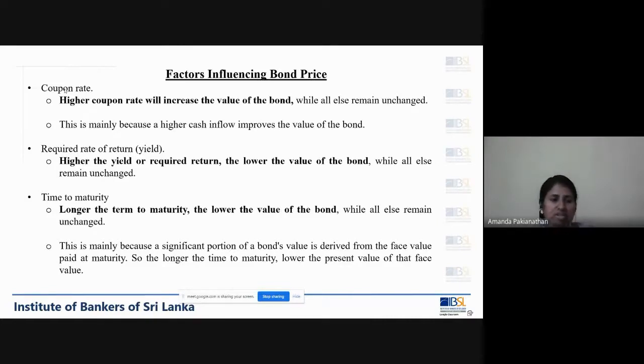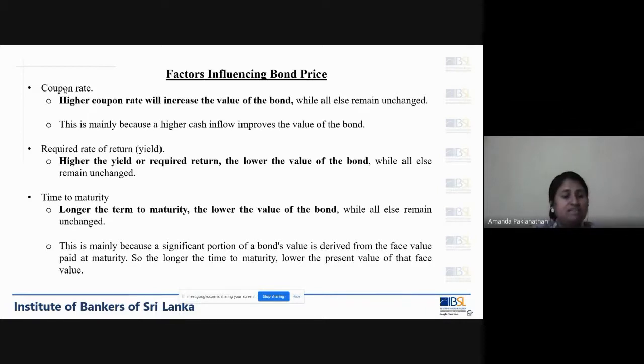Let's move on to the next, required rate of return. Now, required rate of return depends on the investor. What kind of a return the investor anticipates from this particular bond. Now, if I want a very high required rate of return, then obviously the value of the bond has to be lower.